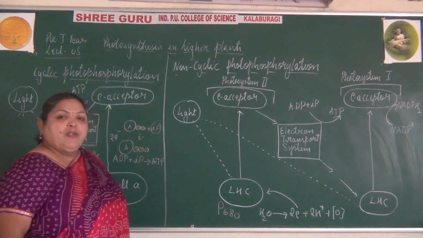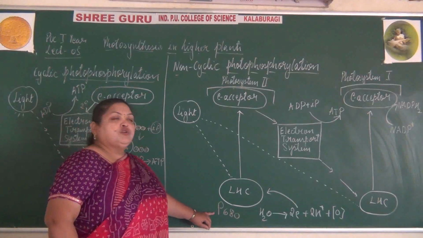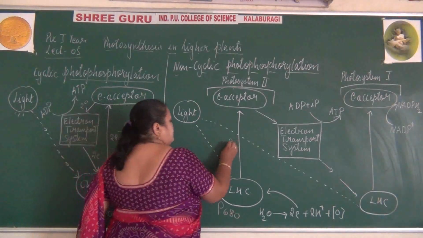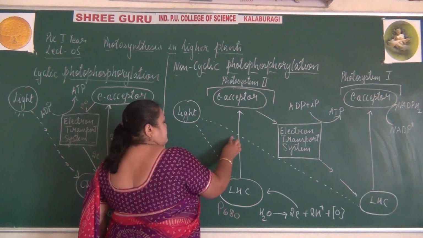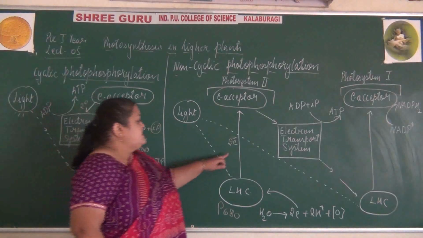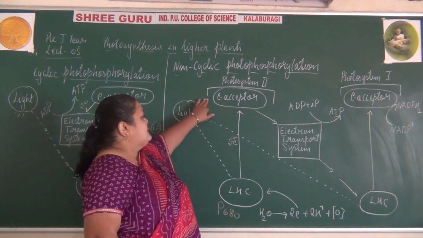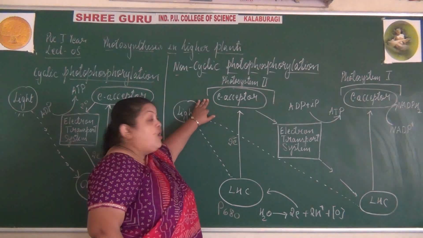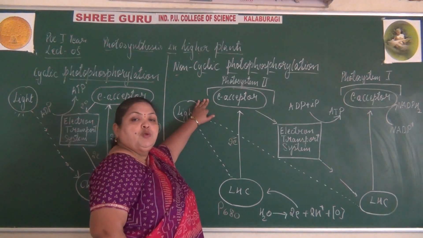on the pigment molecules of photosystem 2, they start emitting the electrons. They emit the electrons, and this electron is accepted by the primary acceptor of the photosystem 2.